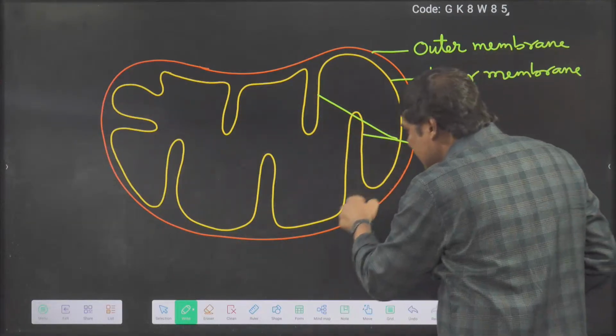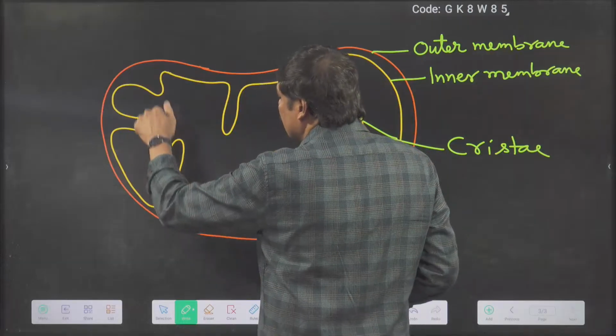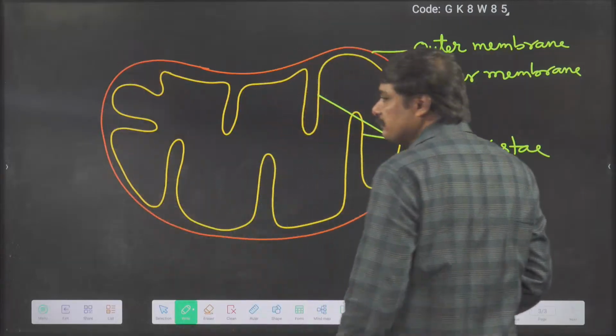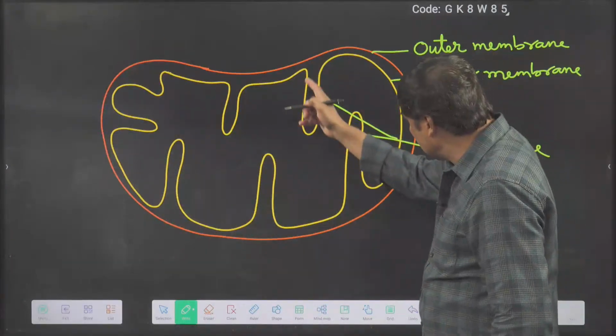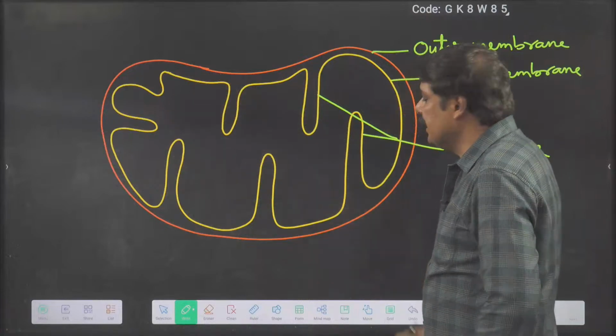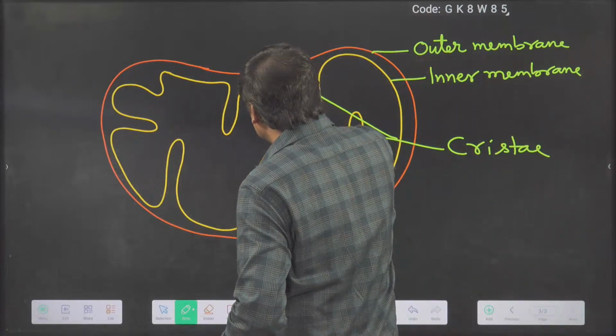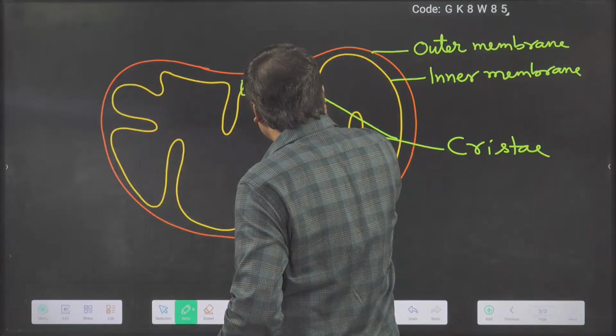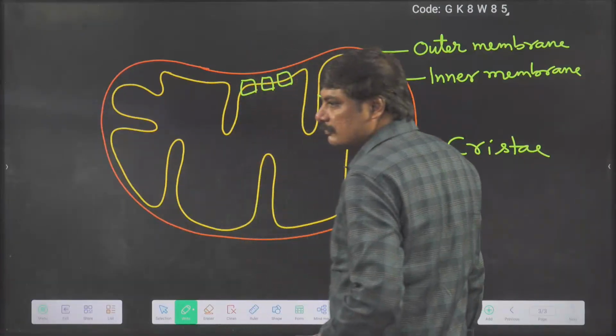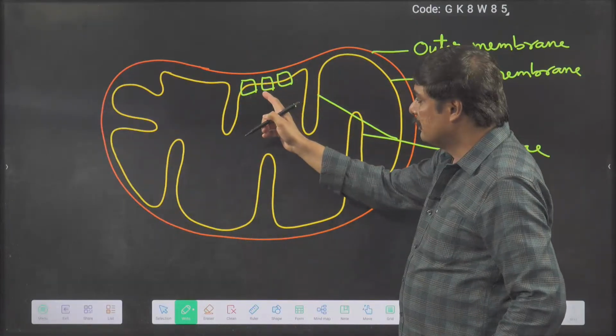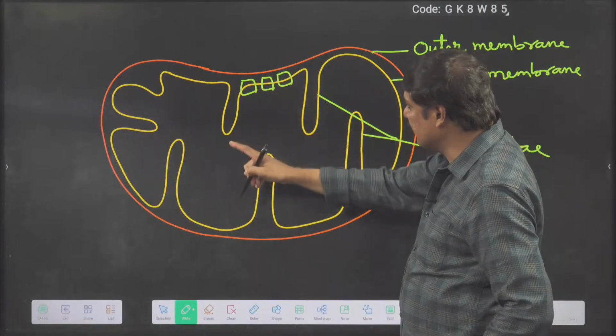So on this inner membrane, ETS takes place. This inner membrane contains several electron carriers like this. These carriers carry the electrons.